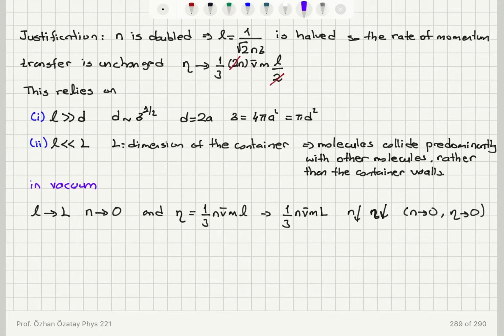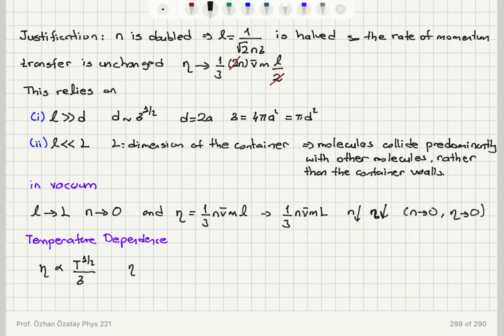Now we can take a look at the temperature dependence. So for the temperature dependence, we can see explicitly eta is proportional to T to the 1/2 divided by sigma.